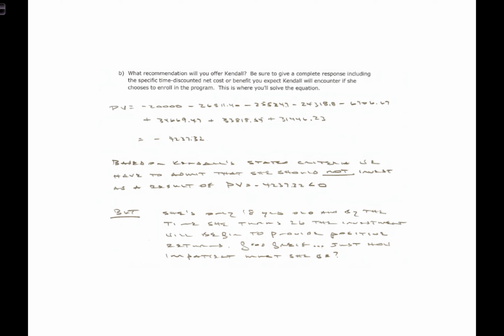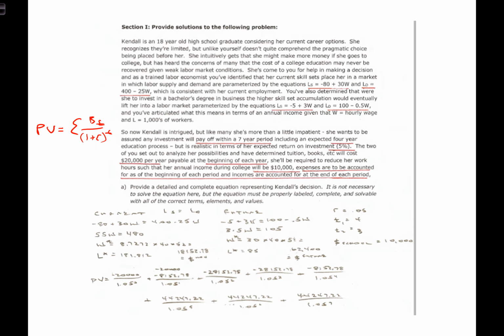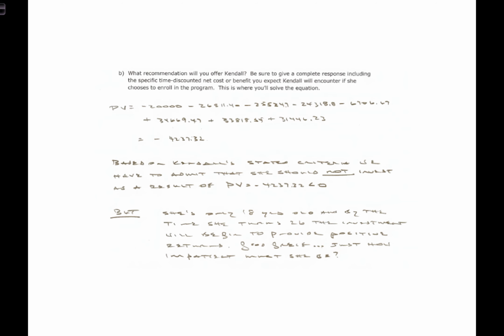Be sure to give a complete response, including the specific time discounted net cost or benefit you expect she'll encounter. Well, in this case, because of her impatience at the end of 7 years, if we've gone ahead and calculated each of these terms correctly with your calculator, you're going to see that it's negative $20,000 and then negative $26,811 and so on for each of these terms that we might consider here, and that's going to give us a sum of negative $4,237.32.